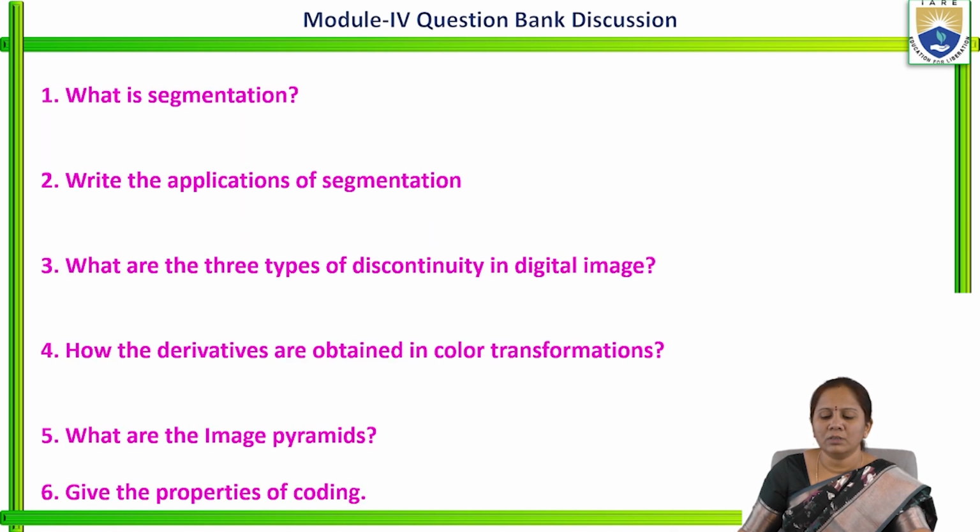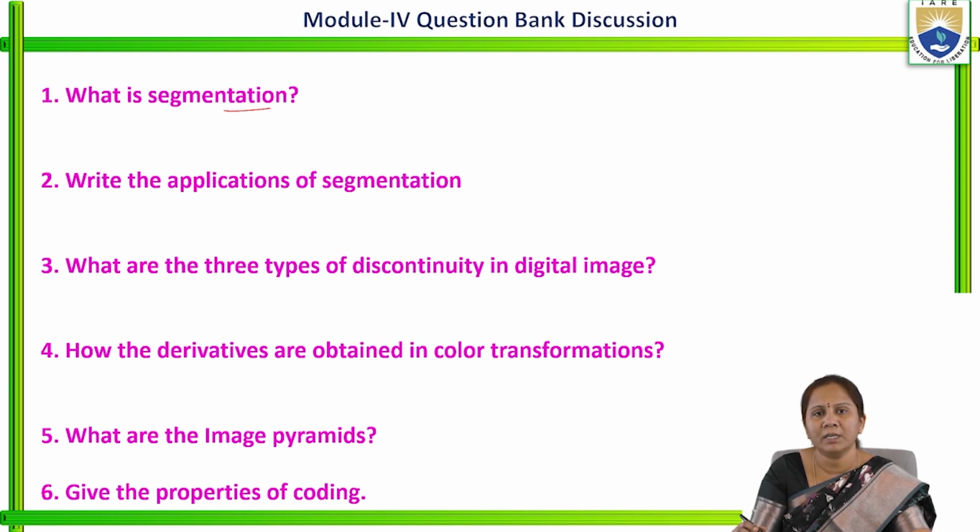And coming to short answer questions related to this module, you may have simple definitions or some important terms that will be discussed here. So here comes what is segmentation: dividing the image into different segments which consist of similar properties of pixels.